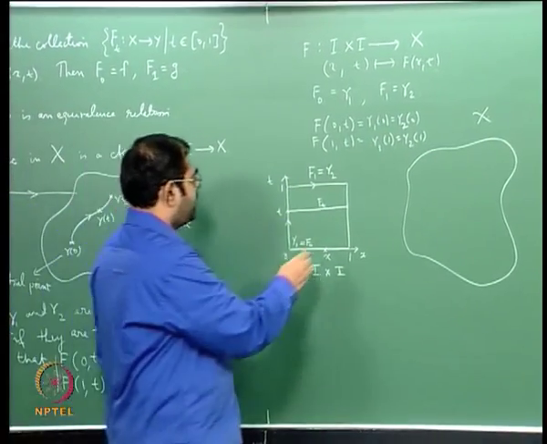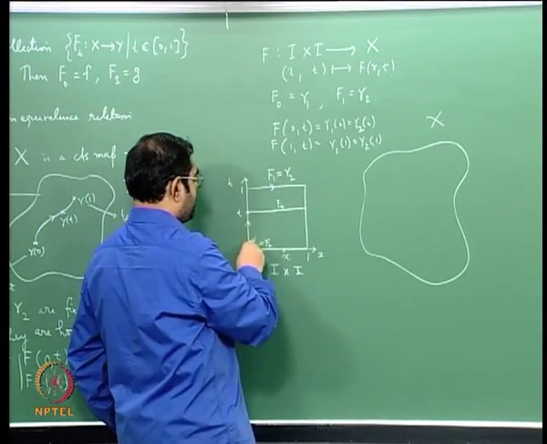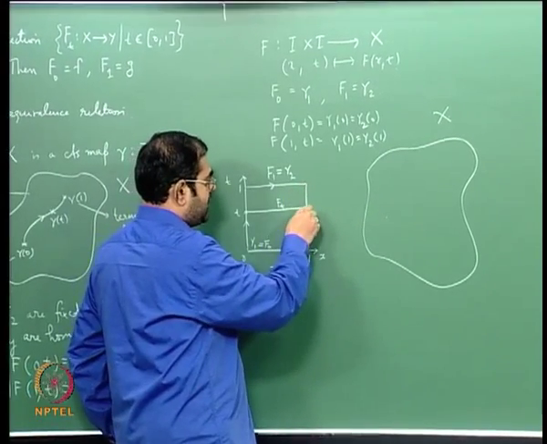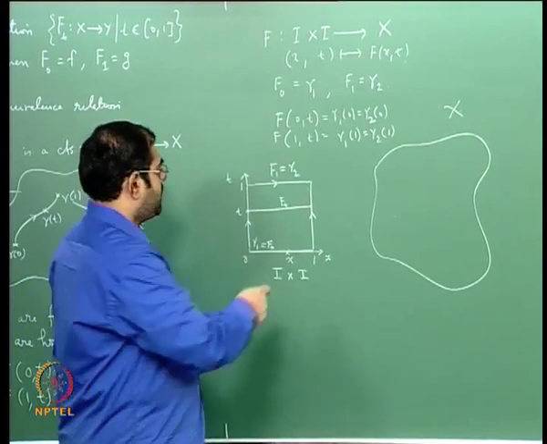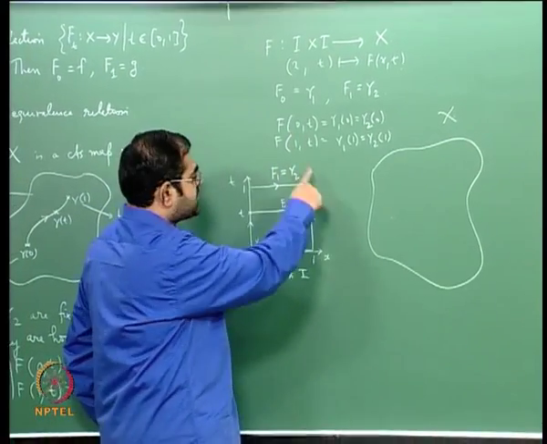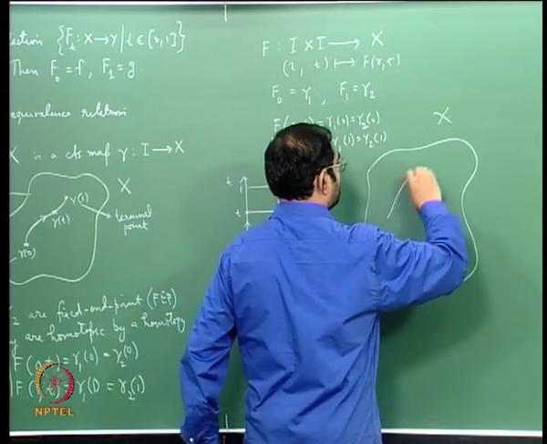So this edge is mapped to one point, and then this edge, which corresponds to x equal to 1, gives f of (1, t) as t varies, and that is mapped to the terminal point.